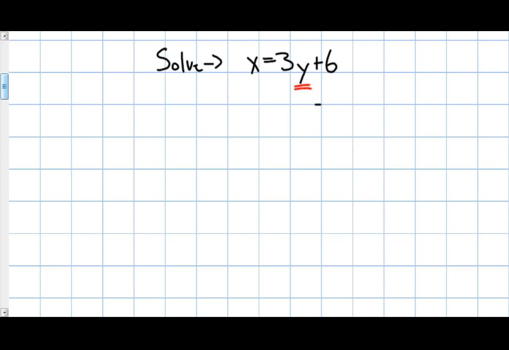Well, I want to get y by itself, so the first thing I'm going to want to do is take away 6. So if I take away 6 from one side, I should take it away from the other side. The 6's will cancel out, leaving me with x minus 6 equals 3 times y. I'm almost done.